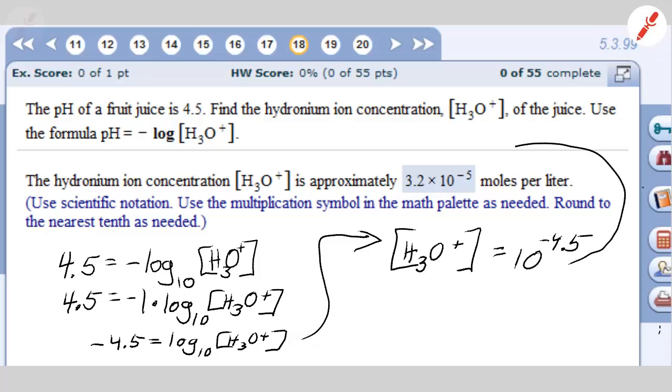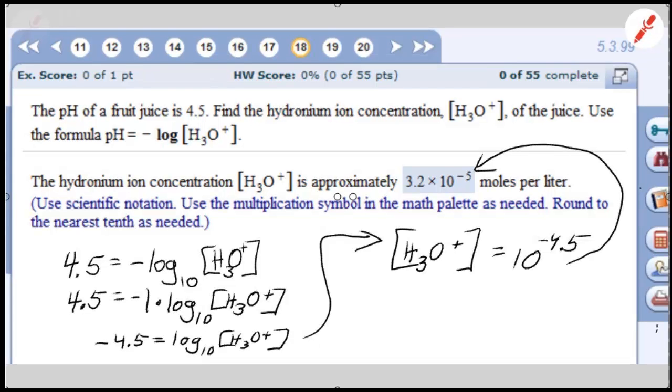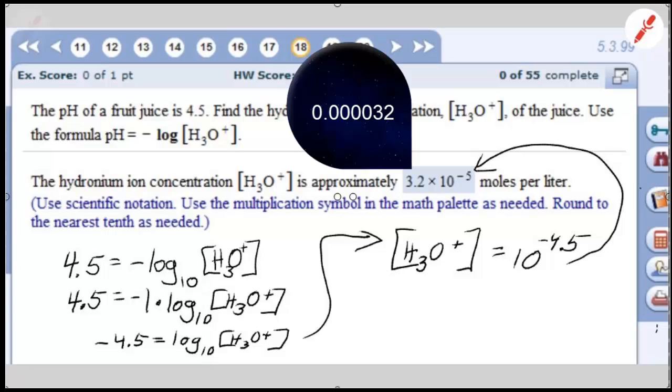Now, 10 to the -4.5 power is 3.2 times 10 to the -5, which is scientific notation for the number 0.000032. In other words, you move the decimal point five places to the left.